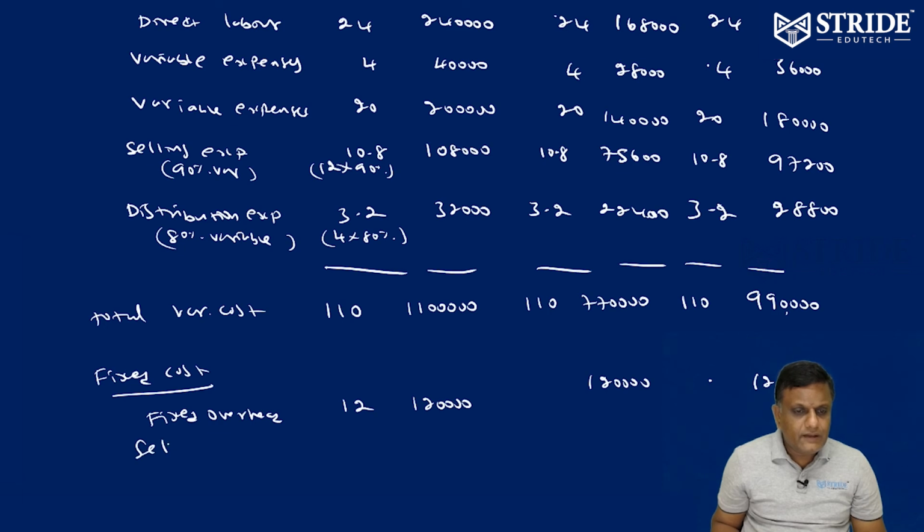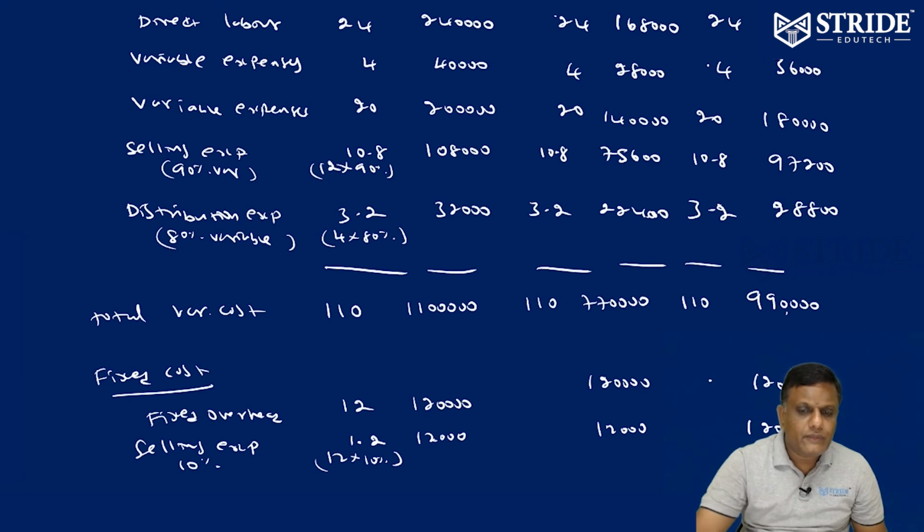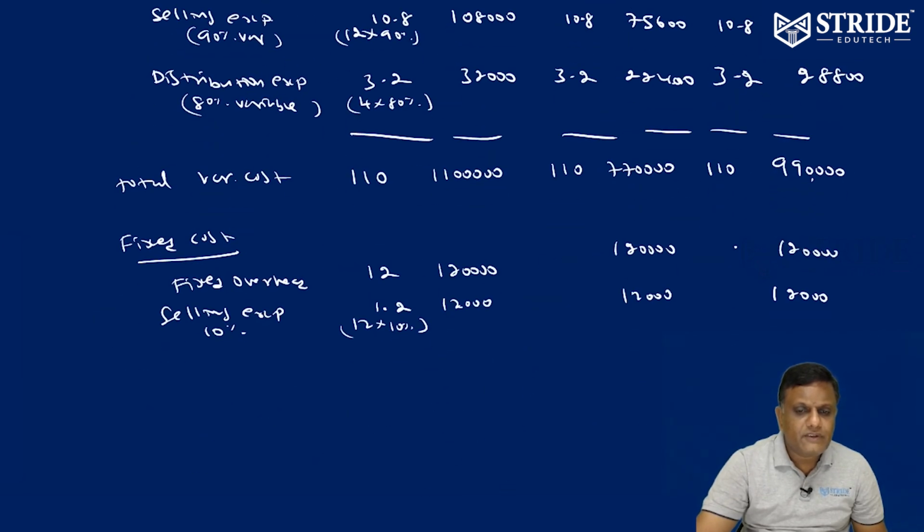Selling expenses. 10% are fixed. That is 12 into 10%, which is equivalent to 1.2. 10,000 into 1.2, 12,000. Total fixed cost remains the same for all output. Therefore, 12,000, 12,000, 12,000. So 10% of selling expenses are fixed.